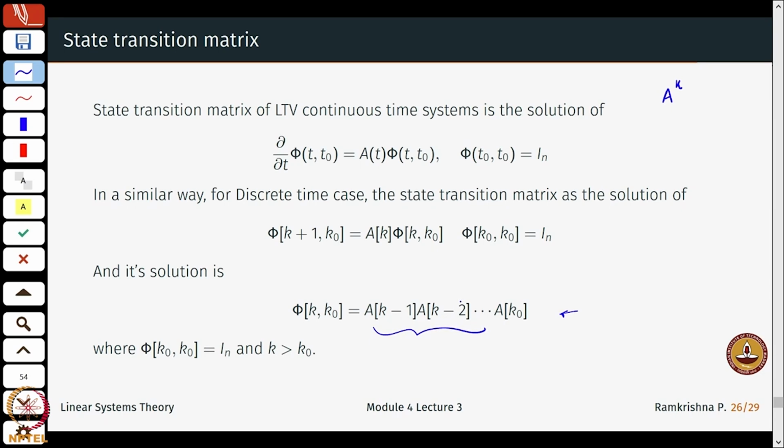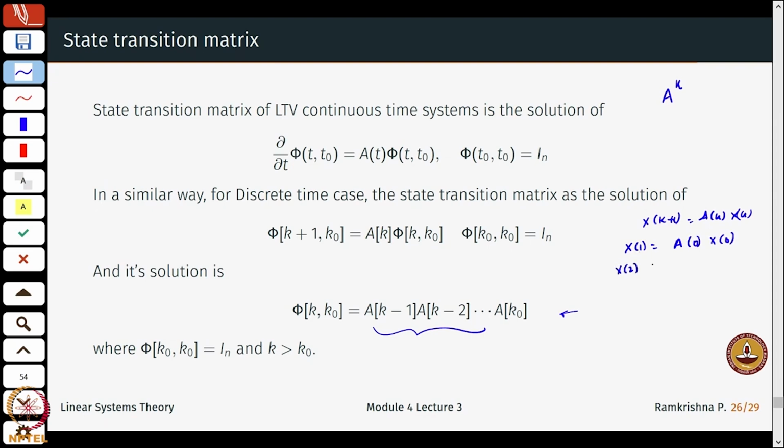Okay. So I did not really write down things too explicitly, so maybe just for see, if I have x of k plus 1 equals A of k x of k. Okay. So what happens when k equals 0? x of 1 is A of 0 x of 0.